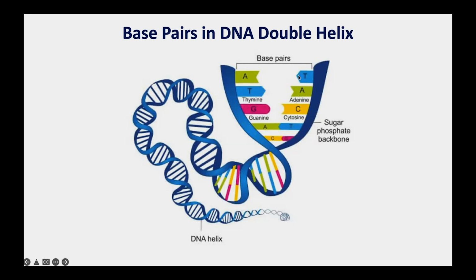So A pairs with T and T with A, and G pairs with C and C with G. And that's the only way that they pair. So when we have the sequence of a gene, what we're reading is A, T, G, A, C, et cetera, just reading those bases along the strand of DNA.